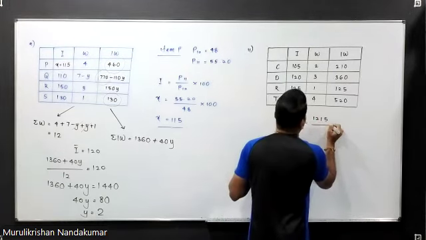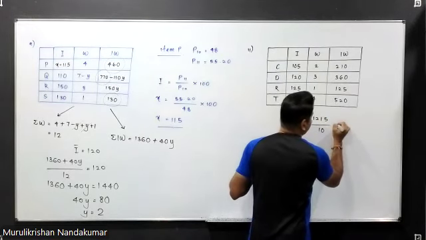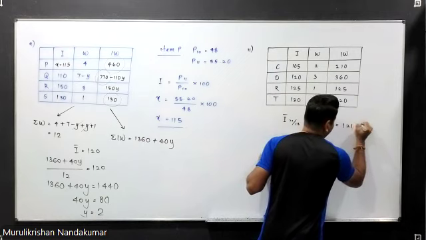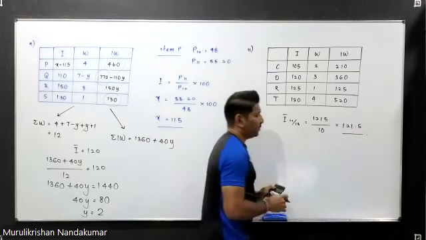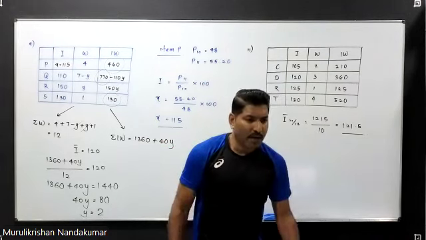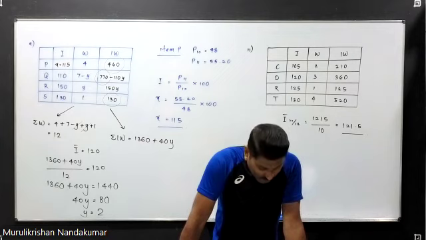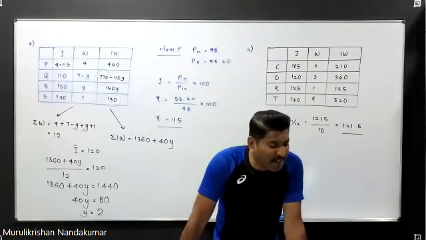Thank you. And this one will be what? 10. Okay, your composite index is 121.5. Okay, can everyone understand this? Okay, good.